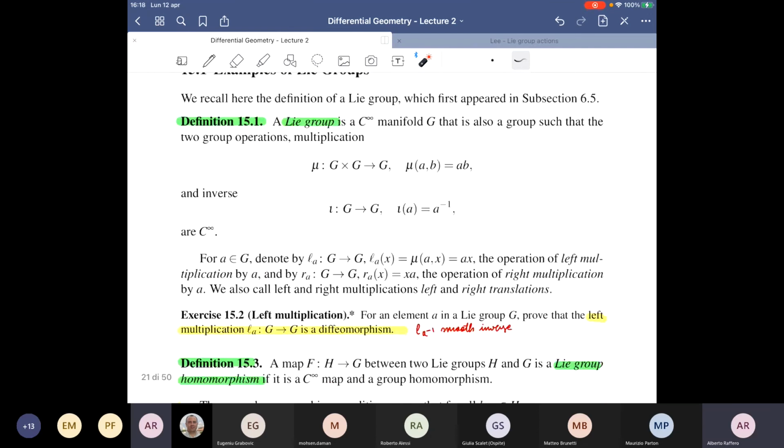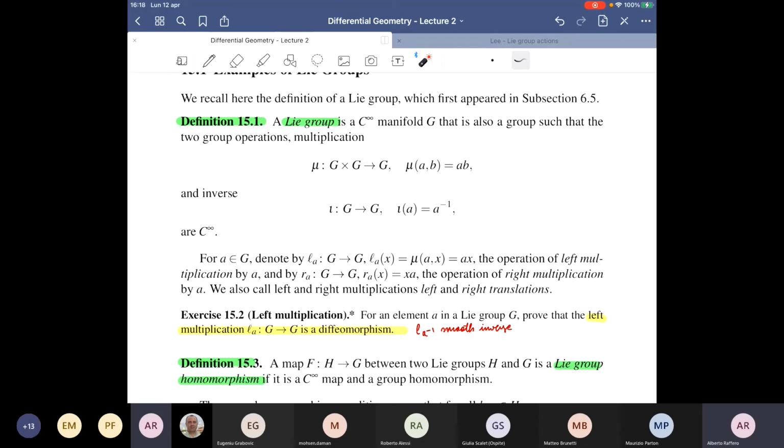A Lie group, as I said before, is given by combining two different structures we already met. It is given by combining an algebraic structure, given by the structure of a group, and a differential geometric structure, given by the structure of a smooth manifold.